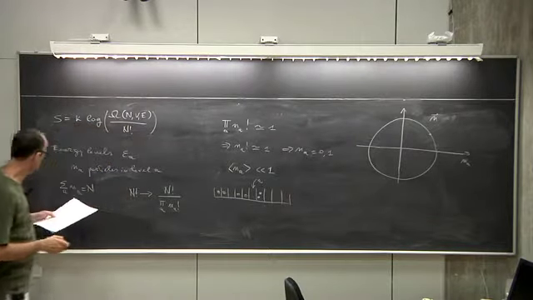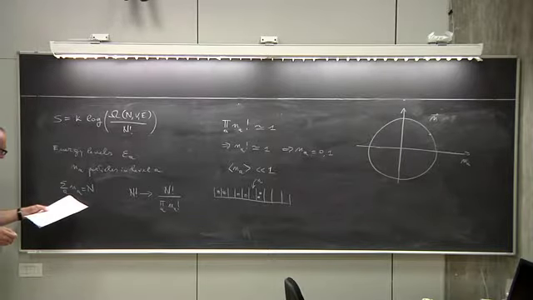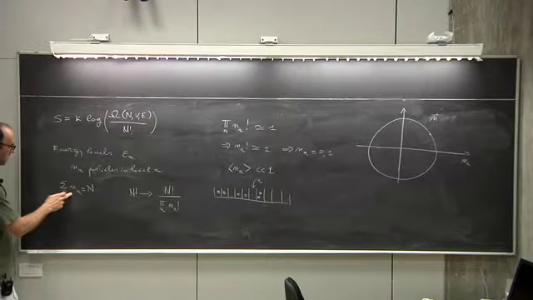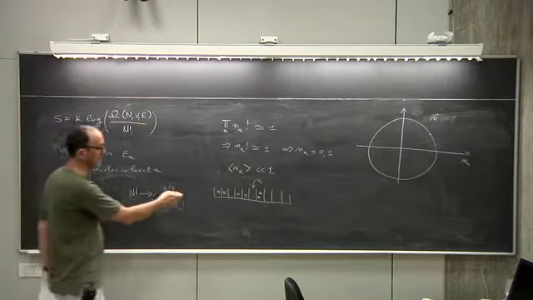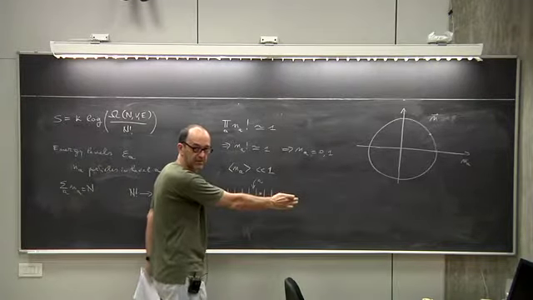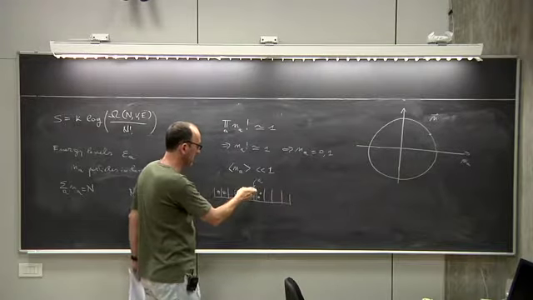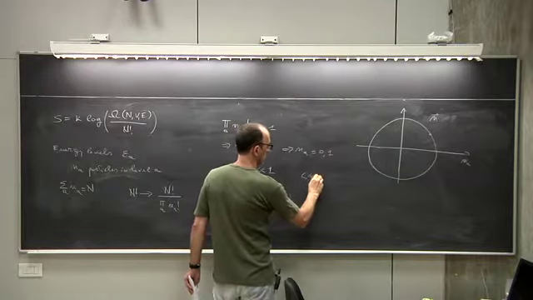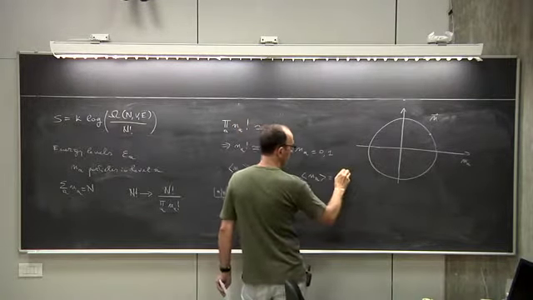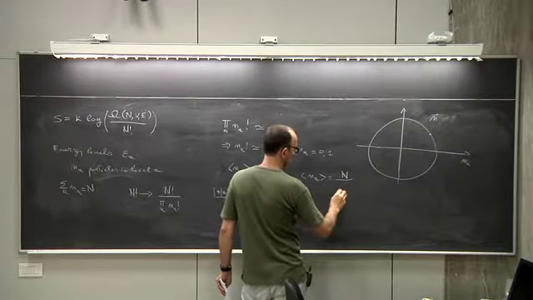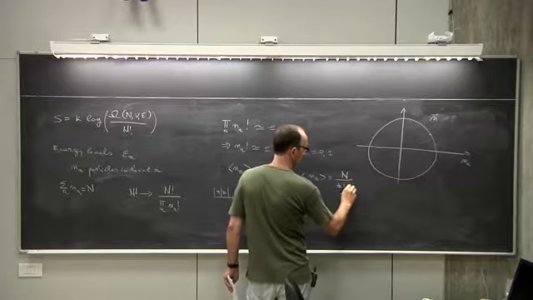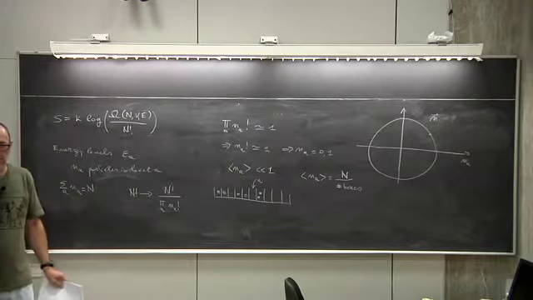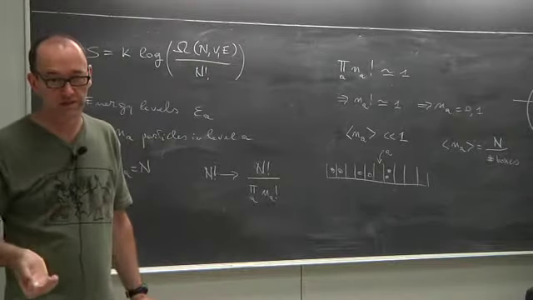In order to compute this, one way is to compute the number of states, how many boxes I will have, and divide. This number here will be the number of particles divided by the number of boxes. And the number of boxes is the number of accessible energy levels at a certain energy E.